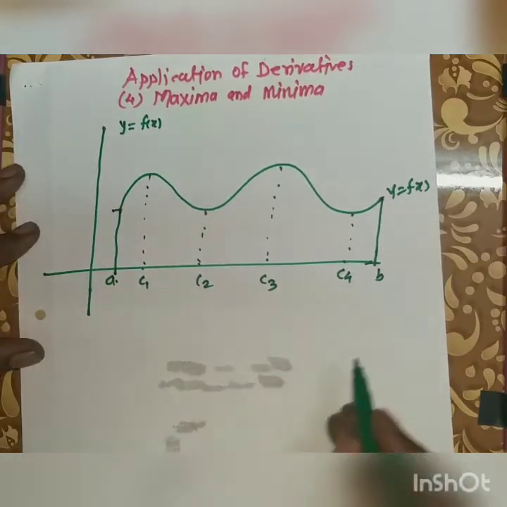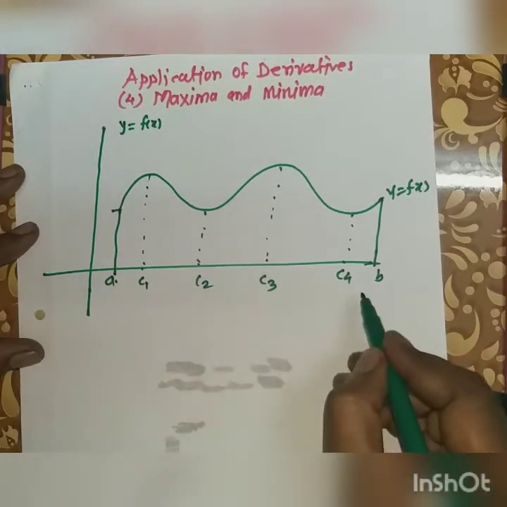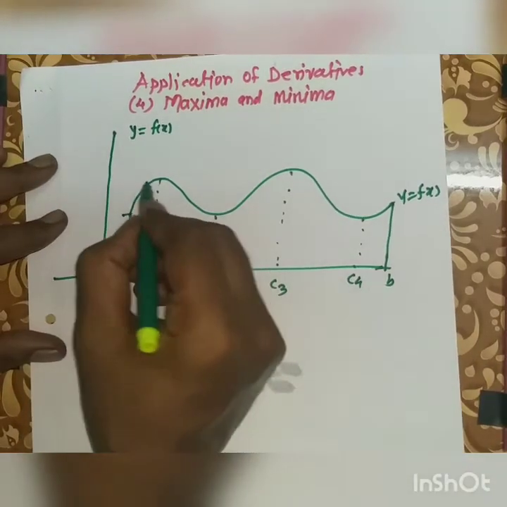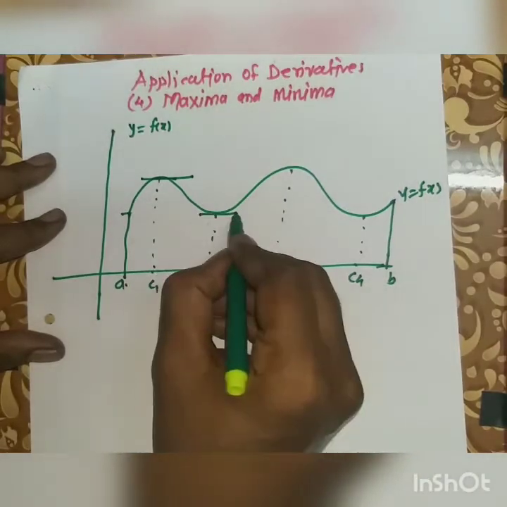Now in the closed interval AB, there are C1, C2, C3, C4. At these points we draw tangents parallel to the x-axis.